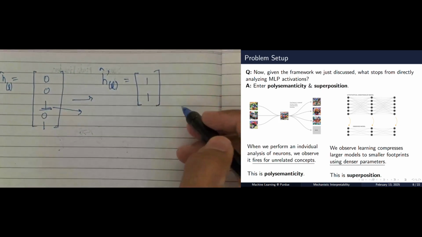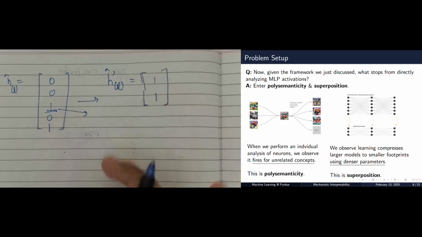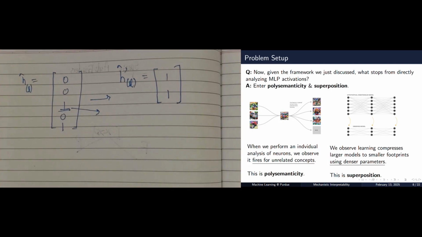So it goes hand in hand, where polysemanticity is induced by superposition, because you are compressing an inherently larger model into something much smaller, and that encourages more dense representations, which encourages polysemanticity. But the behaviors that are described are technically different, right? Is it a little bit more clear now?